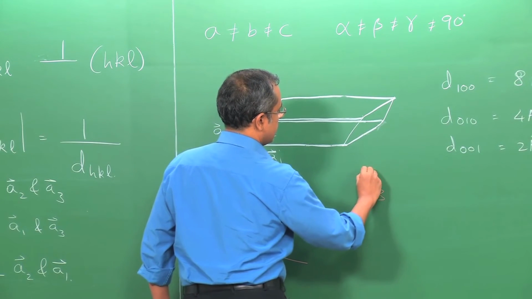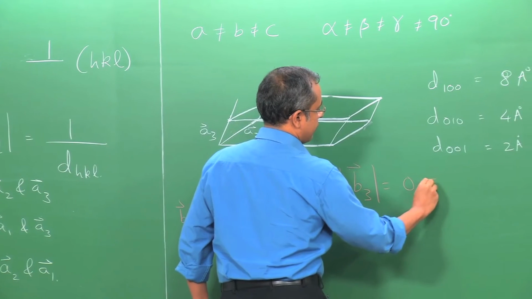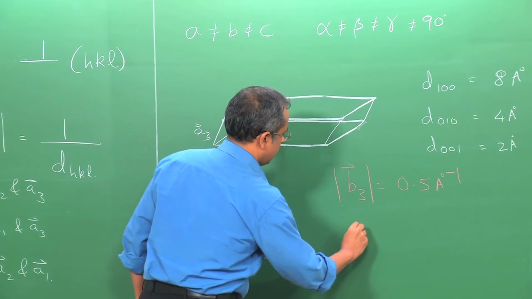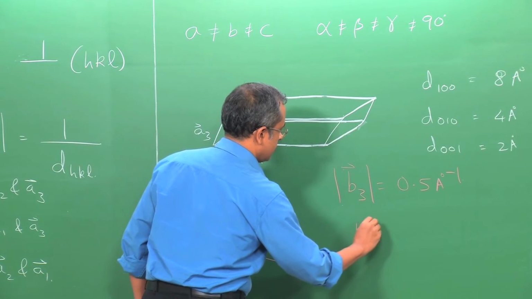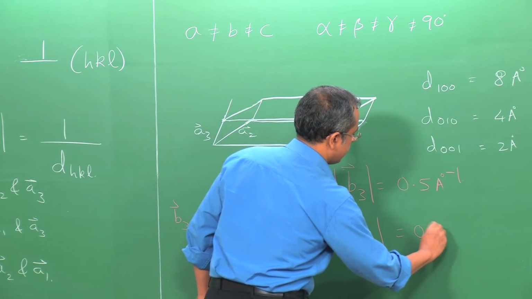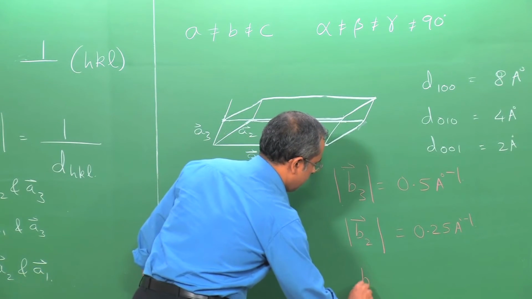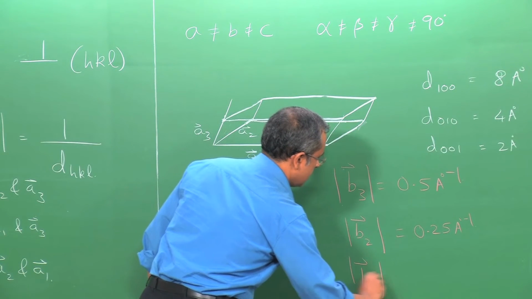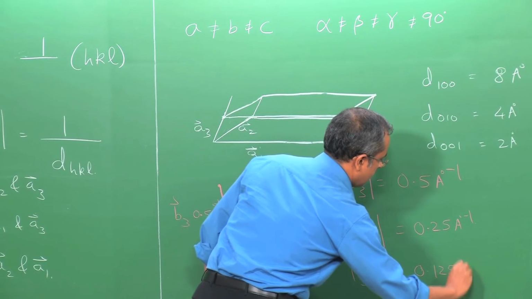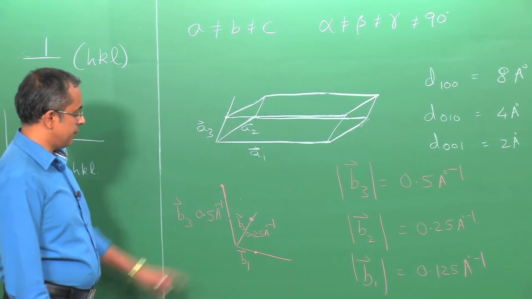B3, modulus of B3 is 0.5 angstrom inverse. B2 modulus is 0.25 angstrom inverse, and B1 is 0.125 angstrom inverse. So we have got ourselves the 3 values, we have got the 3 directions.